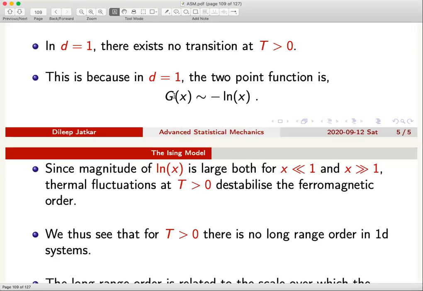On the other hand, a logarithmic correlation would mean that a disturbance at one site would lead to larger and larger disturbance as you go further and further away. Of course, it produces large disturbance in a very small neighborhood also, because the magnitude of log x for small x is also large. Only when you are at distances of order 1, in certain units, you don't see much of an effect.